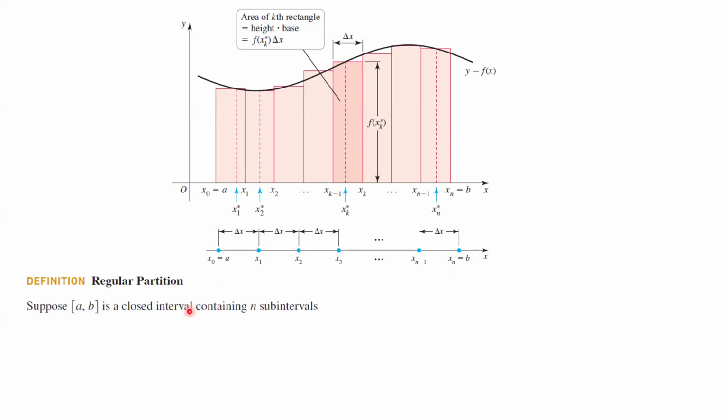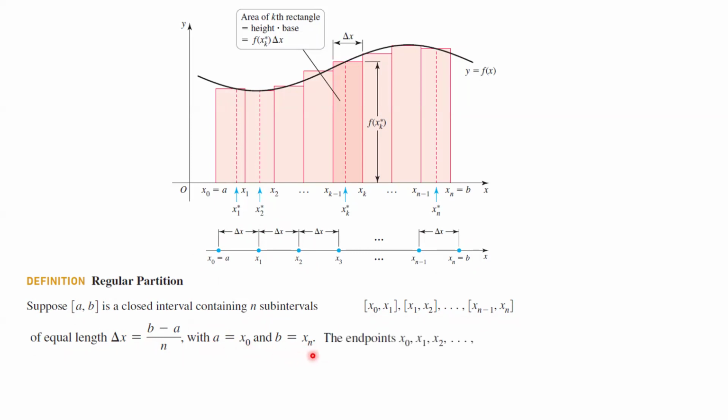Suppose a to b is a closed interval containing n subintervals, x sub 0 to x sub 1, x sub 1 to x sub 2, x sub 2 to x sub 3, and x sub n minus 1 to x sub n. They have equal length, which is denoted by delta x, which is (b minus a) divided by n, with the starting point or initial point x sub 0 and the terminal point x sub n.